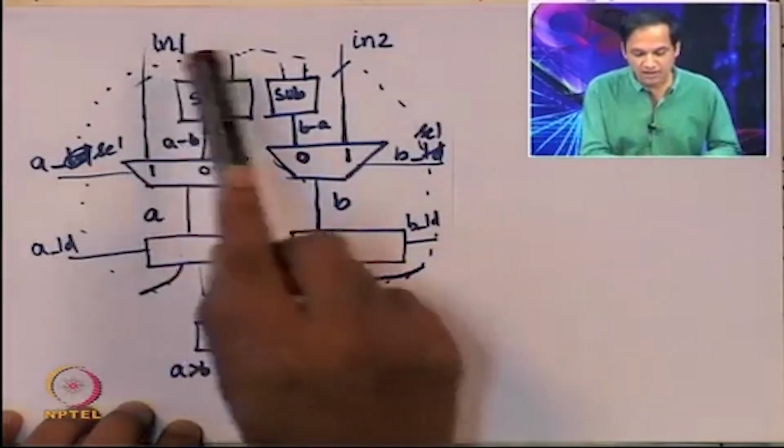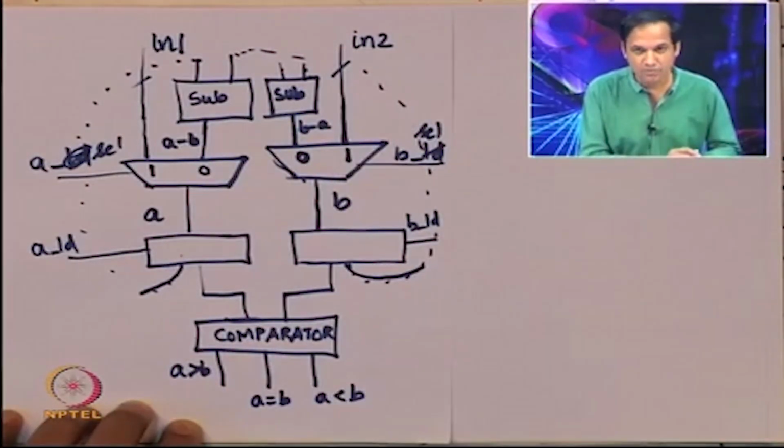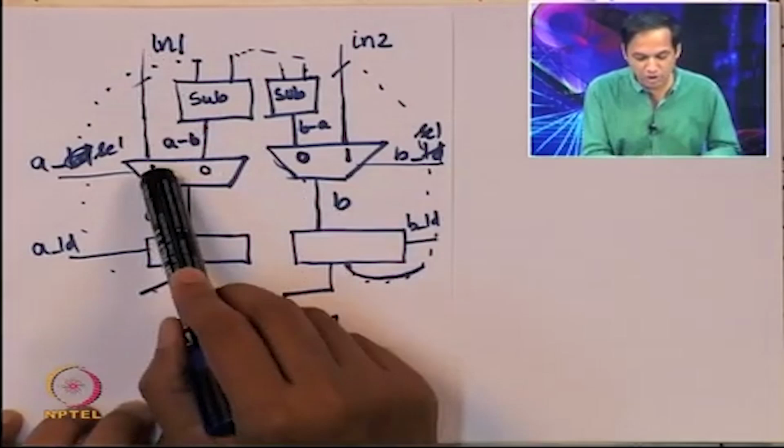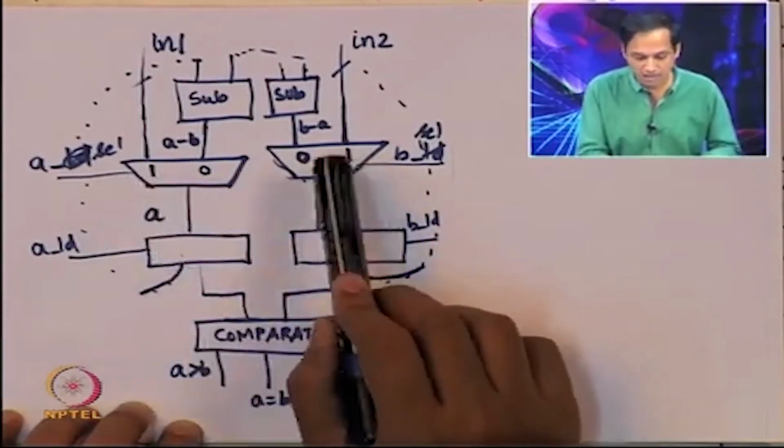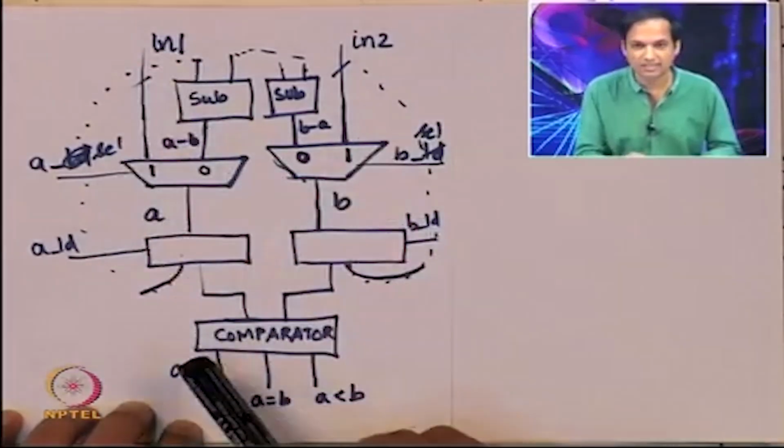Once 42 and 16 are presented as the input, they will appear at one input of these two multiplexers.